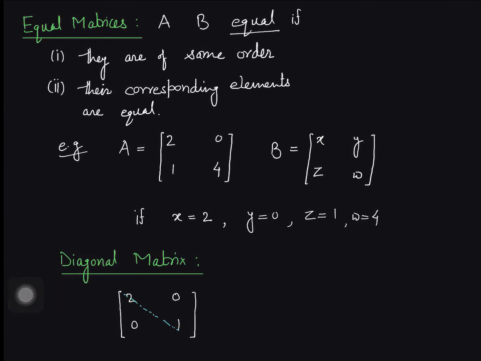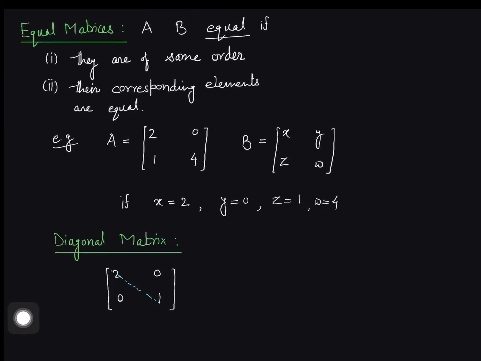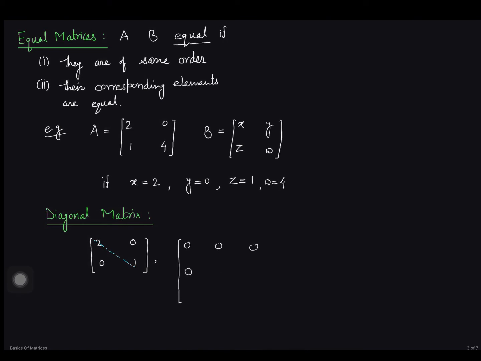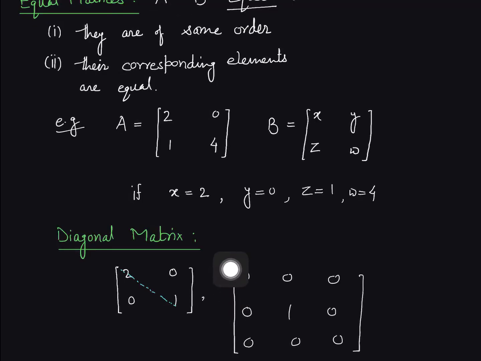So this is an example of a diagonal matrix. So let us see another example. In this matrix, this is your main diagonal. So all the off diagonal entries are 0. That means this is an example of a diagonal matrix.